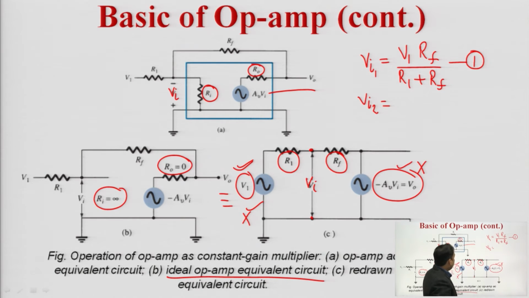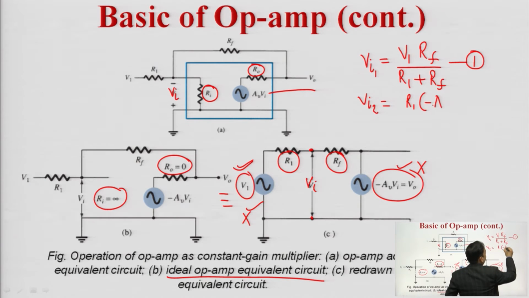The potential difference Vi2 will be R1 multiplied by minus AV multiplied by Vi, divided by R1 plus Rf.